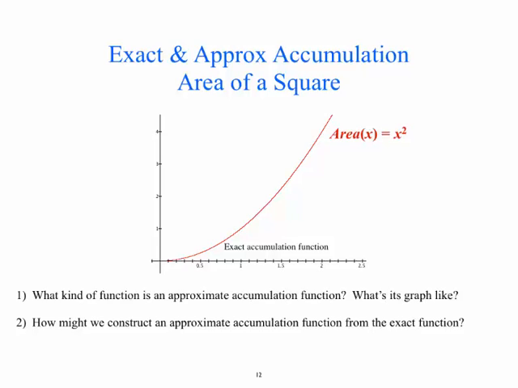And another way to ask that is, what's its graph like? Okay, so we're thinking about this journey we've been on, okay? And then how might we construct that type of function from the exact function? All right, so talk to the person next to you and see what you come up with. What kind of function is an approximate accumulation function? What's its graph like? How might we make it?